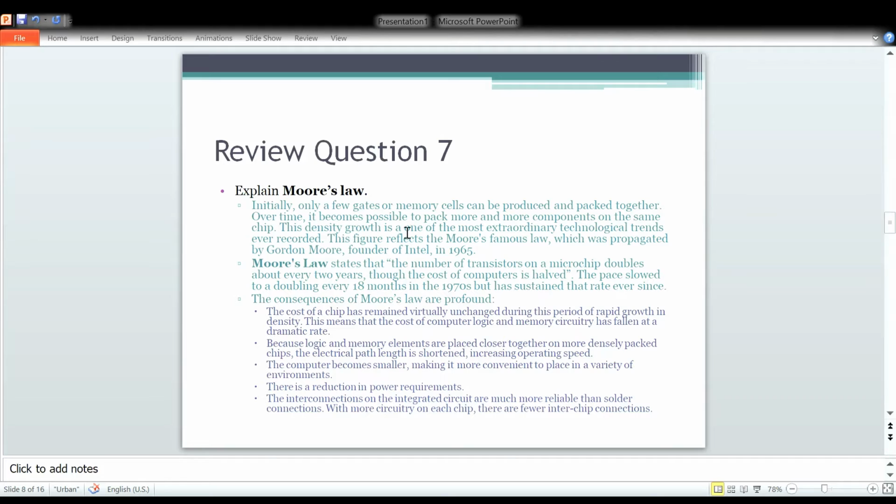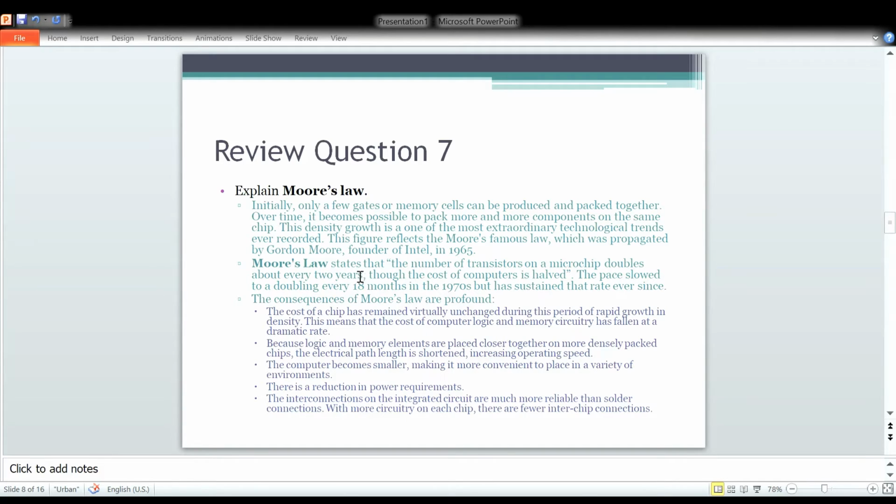This density growth is one of the most extraordinary technological trends ever recorded. This figure reflects Moore's famous law, which was propounded by Gordon Moore, founder of Intel, in 1965.